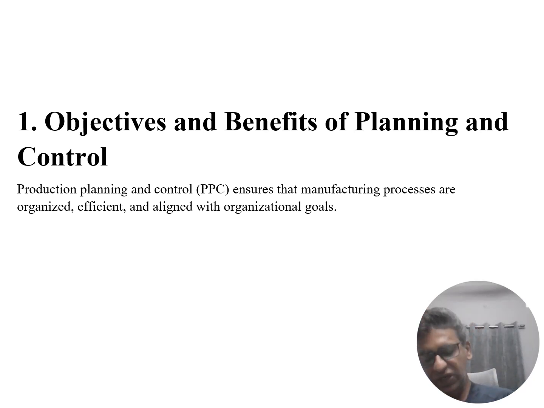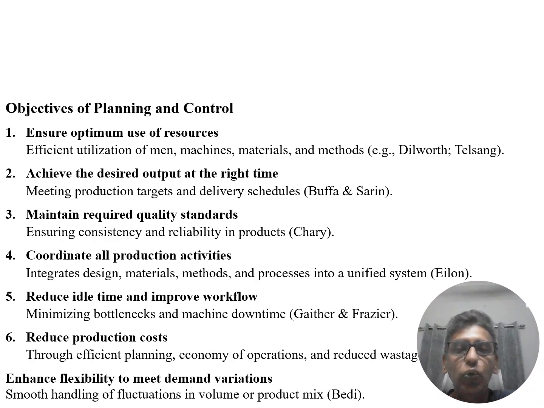So machining is a secondary manufacturing process. A best example is using a lathe. You can remove the unwanted extra material, so it is also called a negative process. So all the manufacturing processes can be organized efficiently to meet the organizational goals.